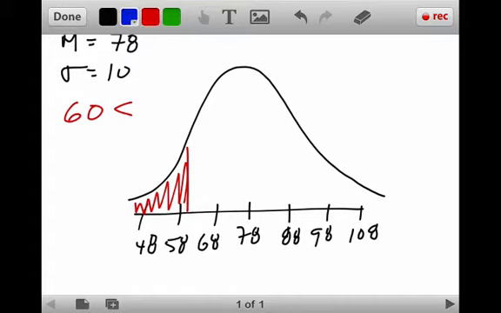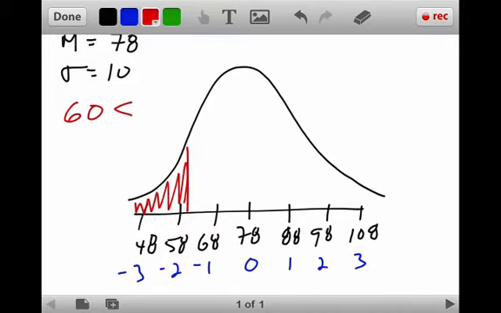We can also make this a standard normal distribution, where the mean will be 0 and the standard deviation will be 1. On the same curve we have the standard normal distribution and the normal distribution. So how do we find how much the red area is worth?